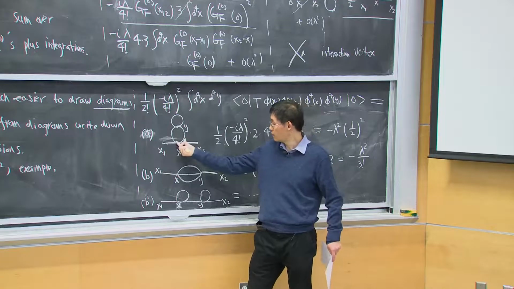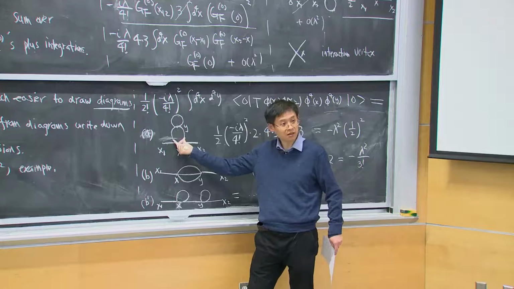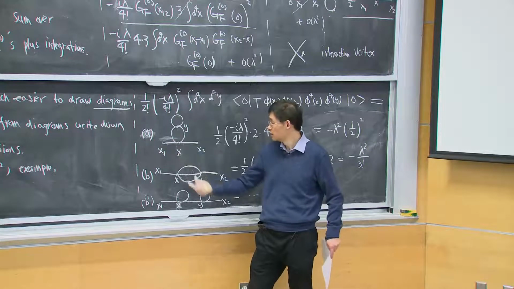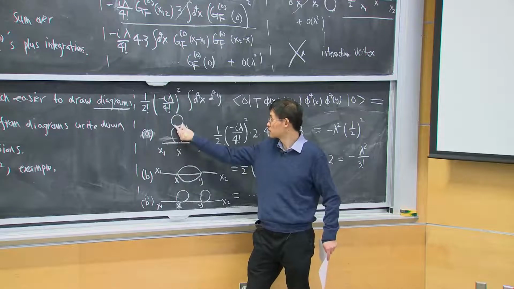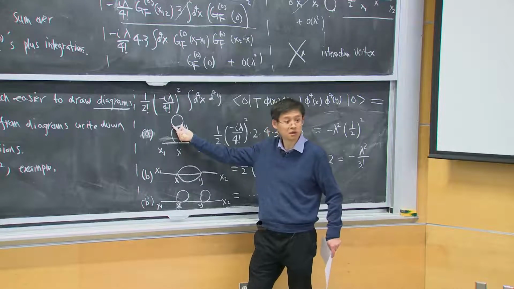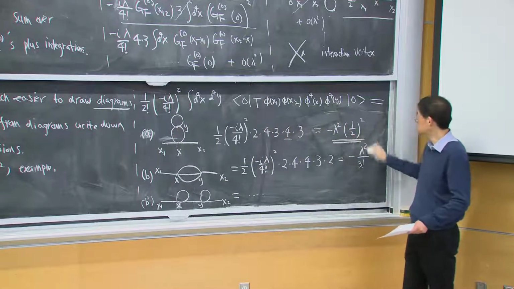But for the vertex coming from x, these two legs are symmetric, so there's a factor of 2 from permuting them. And for the vertex coming from y, again two of the legs are symmetric. So that's why we divide by 2 symmetry factors, so this 1/2.